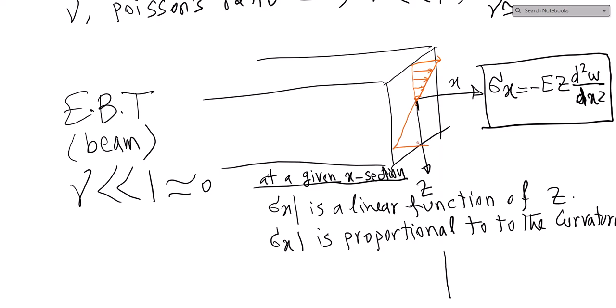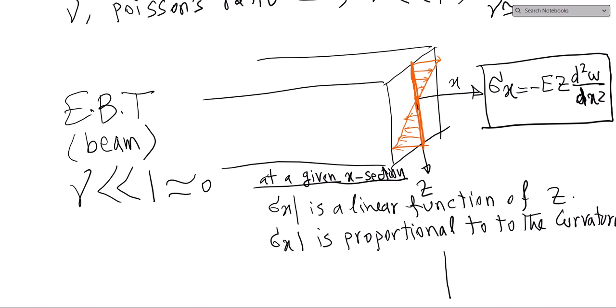This is my reference line here. At negative z I took compression, so there will be tension in this direction, or vice versa, it doesn't matter.